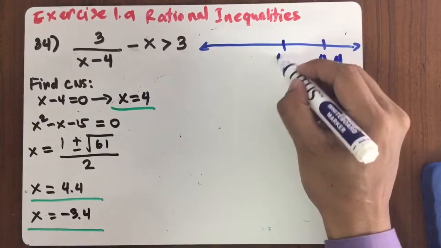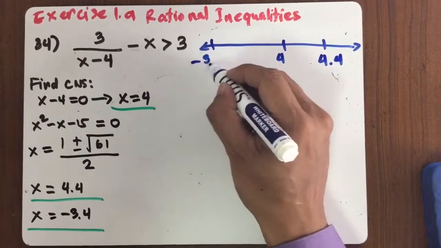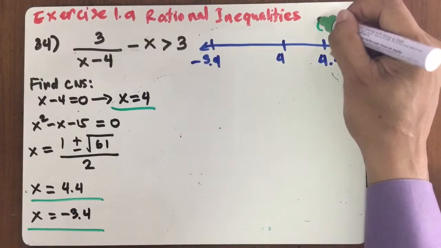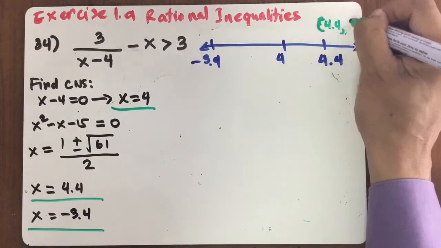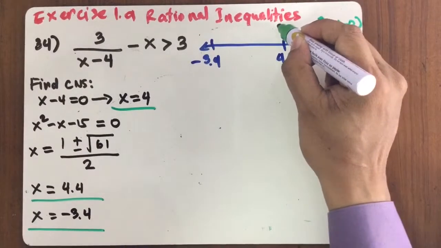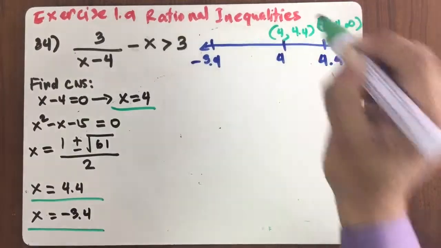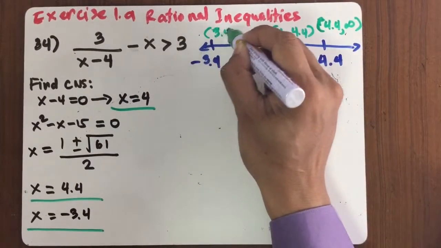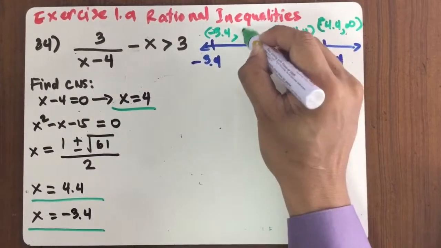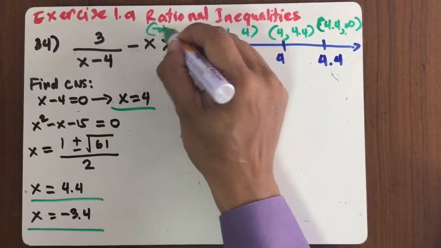Let us plot these numbers in our real number line. Our critical numbers give us 4 subintervals. We will investigate kung ano ang sign ng ating function in each of these intervals.